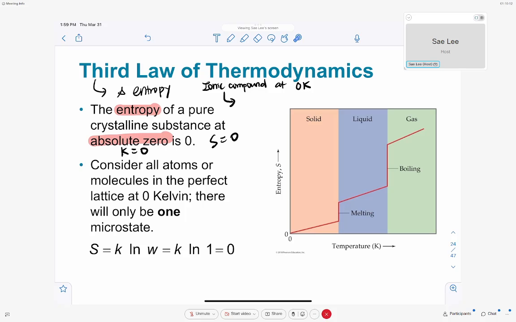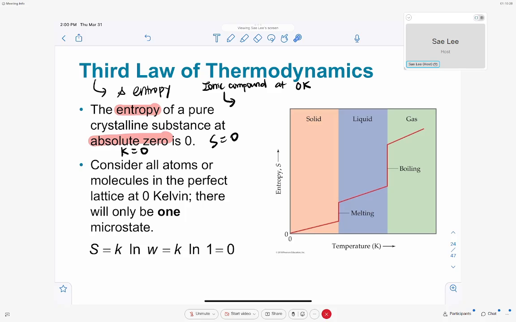It is perfectly ordered, perfectly flawless. Its motions are perfectly confined, restricted in a rigid environment. Therefore, entropy is 0 according to this law. There's no disorder, no randomness.